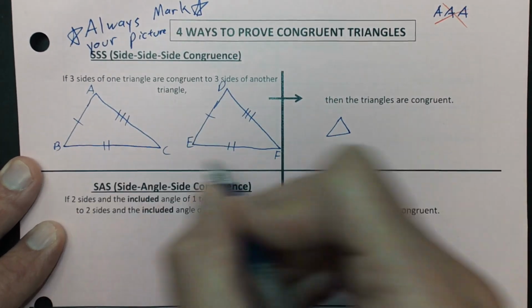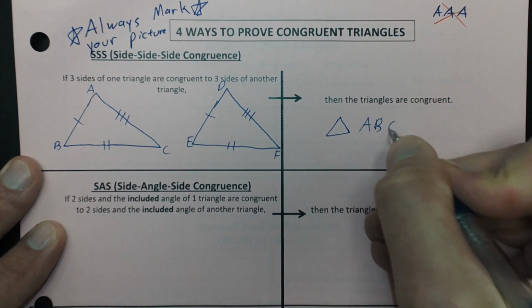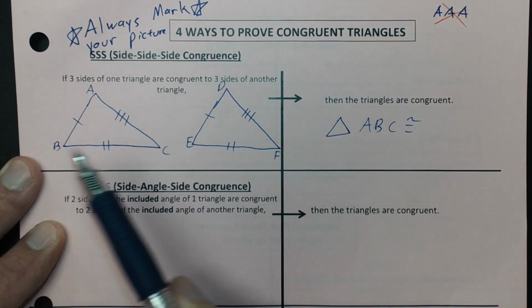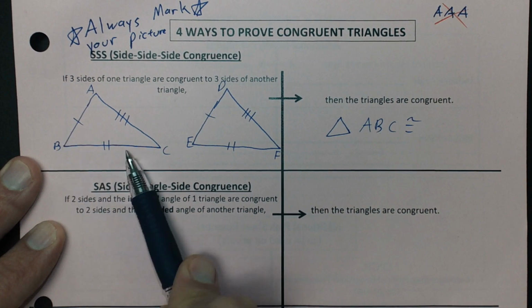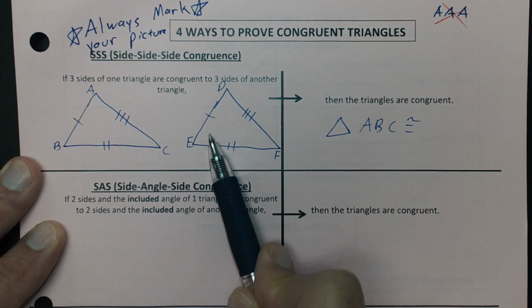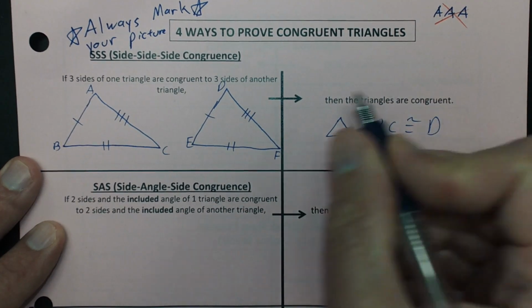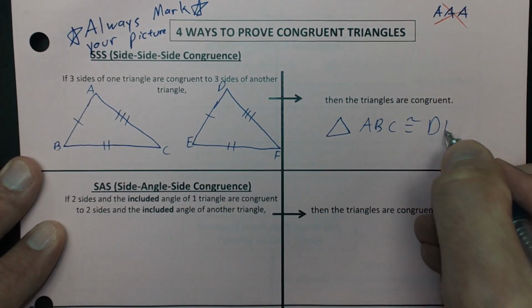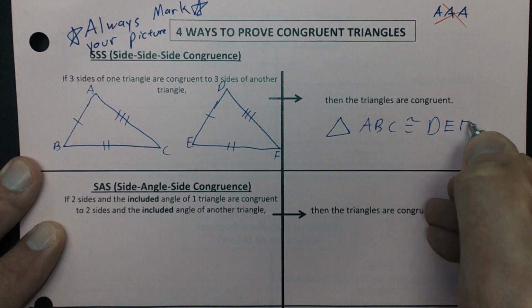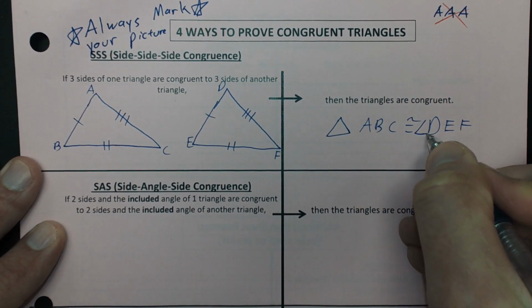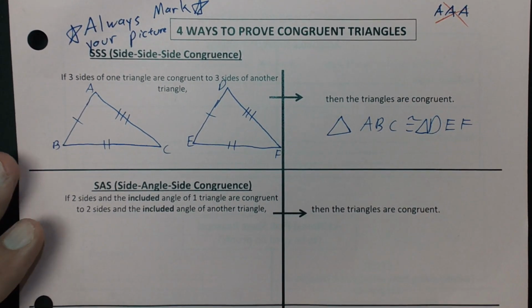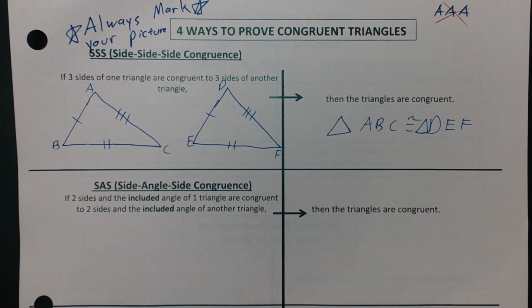Say triangle ABC is congruent to, and make sure you're going in the same order, single slash, double slash, triple slash, which means triangle DEF. So triangle ABC is congruent to triangle DEF.